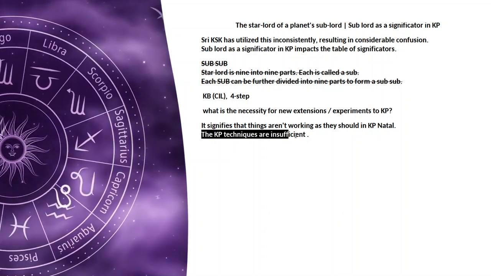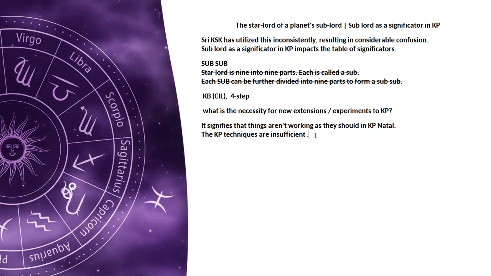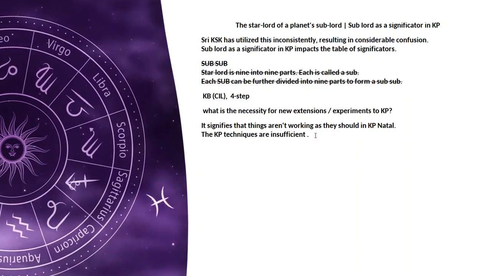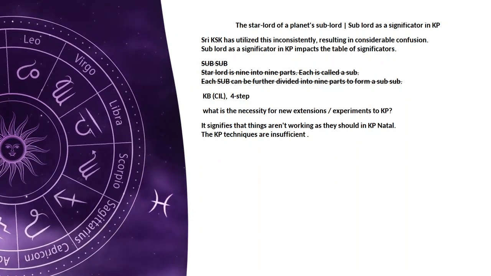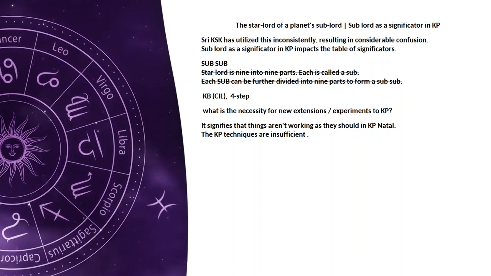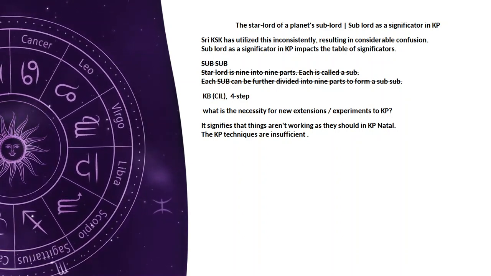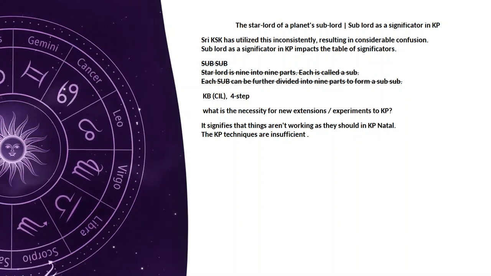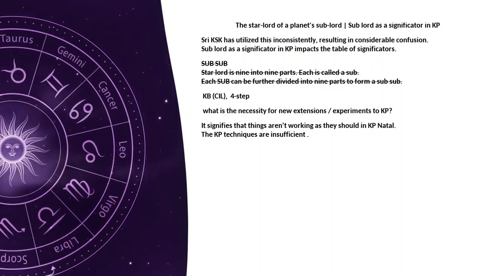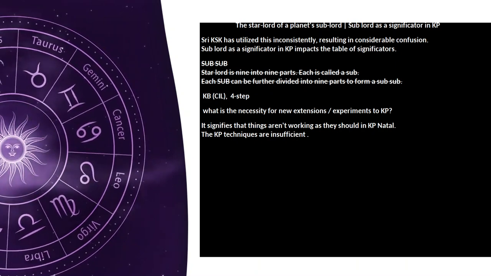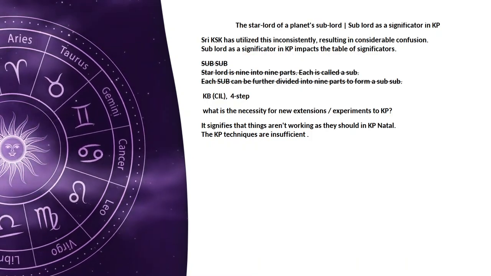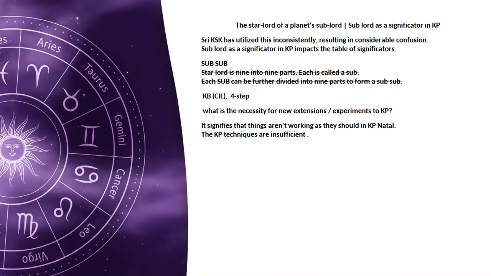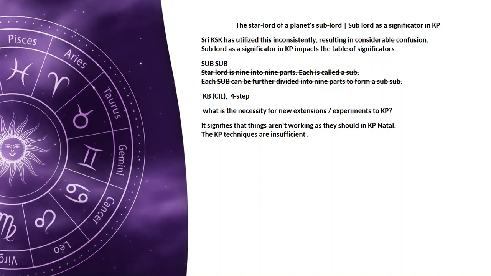Here we are mostly talking about the birth chart. What happens is, as a student, you quickly discover that the usual KP approach doesn't work in many of your family members' charts. This is the usual confusion that students have.